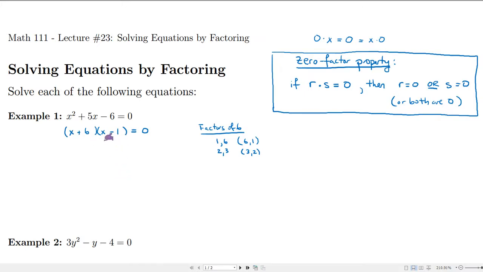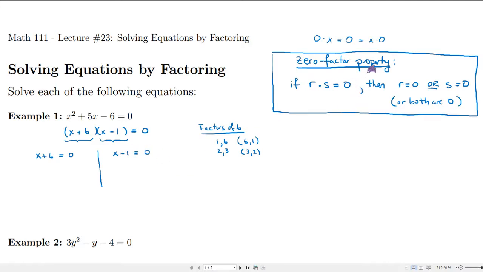Okay, so that works for the factorization, but how do you proceed with the solution? Solving this, we have to use the zero factor property. What it says is we have the first factor times the second factor equal to 0. So at this point, what we can say for sure is x plus 6 is 0, or x minus 1 is equal to 0.